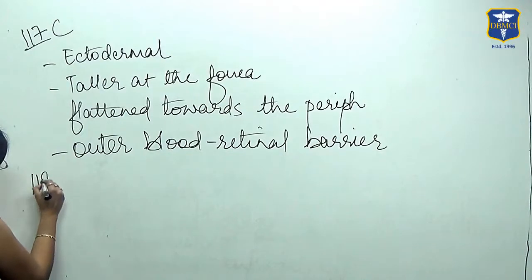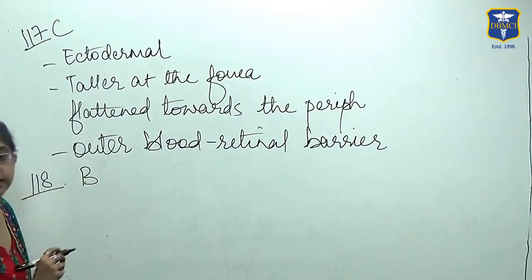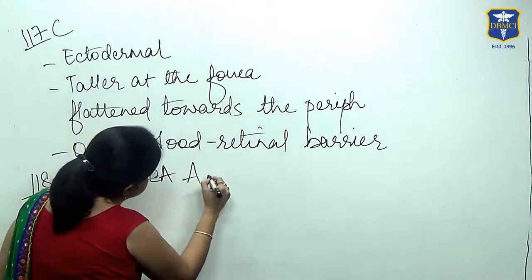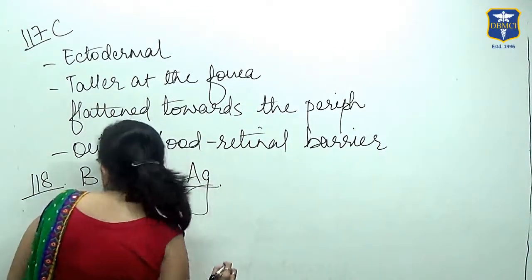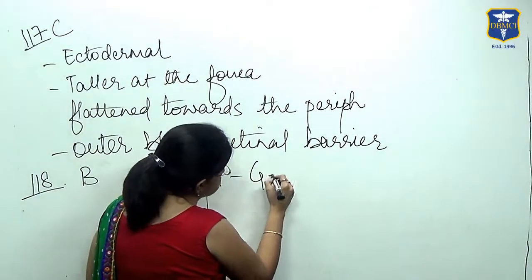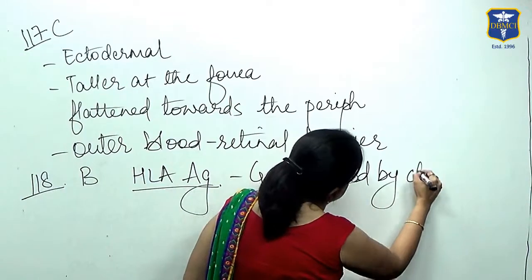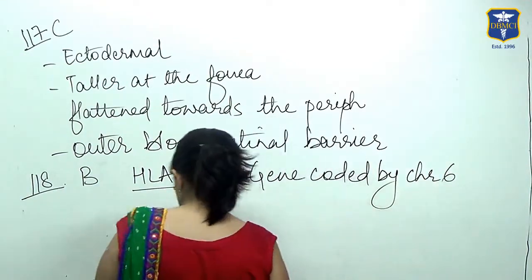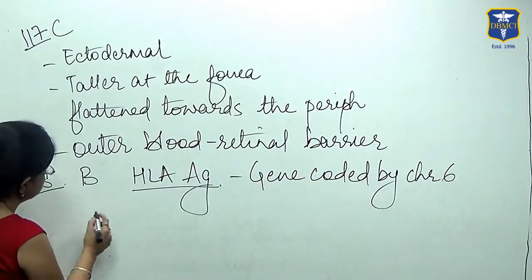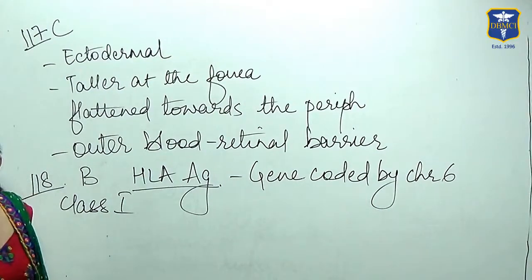Question 118, the answer is B. As far as the HLA antigen is concerned, the gene is coded by chromosome 6. There are two types of HLA antigens, class 1 and class 2.